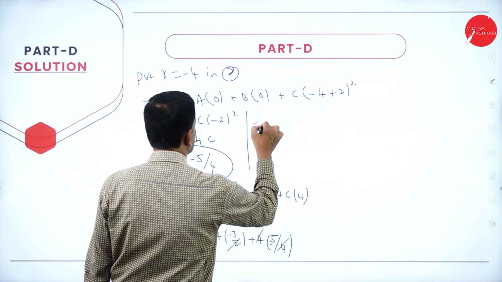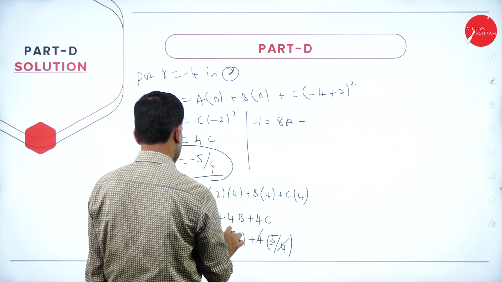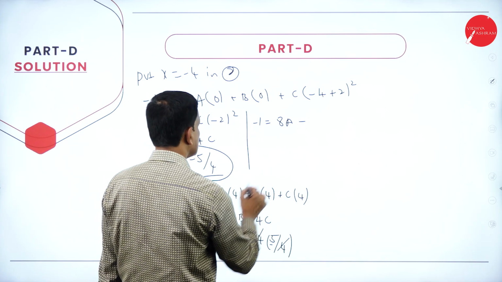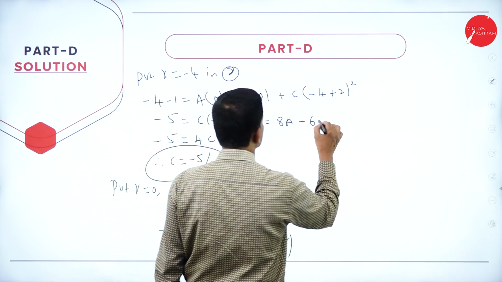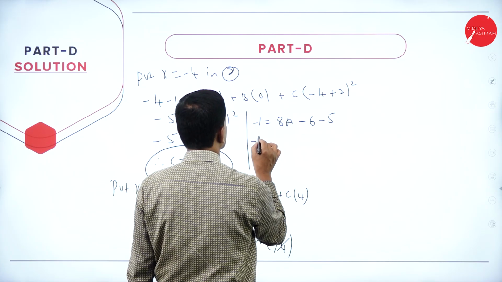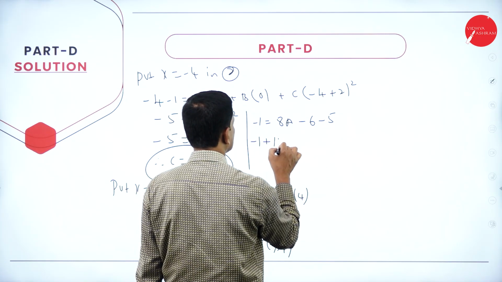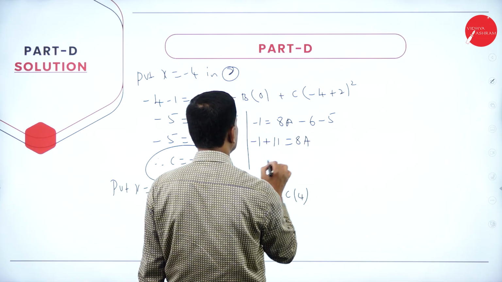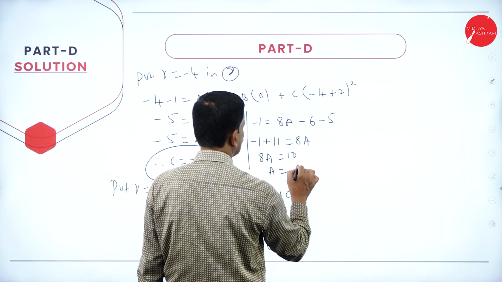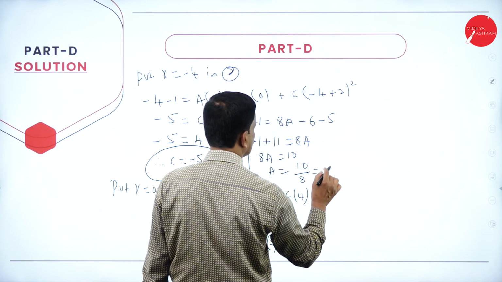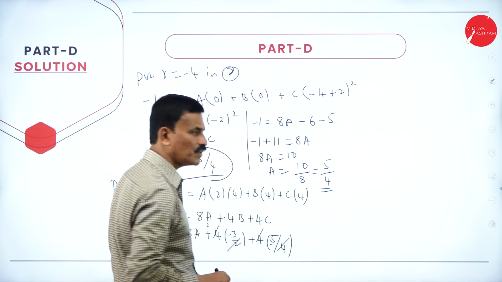So right here minus 1 is equal to 8A minus 2 threes are 6, minus 6 again minus 5. So therefore minus 1 minus 6 minus 5 is minus 11, transfer to the left hand side, it becomes plus 11 is equal to 8A. So therefore 8A is equal to 10, A is equal to 10 by 8, that is nothing but 5 by 4. A is equal to 5 by 4.